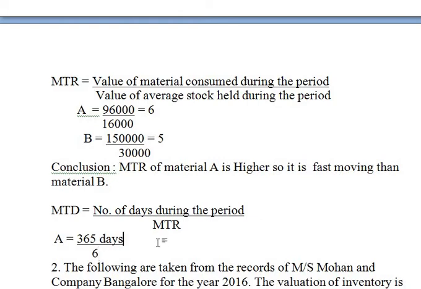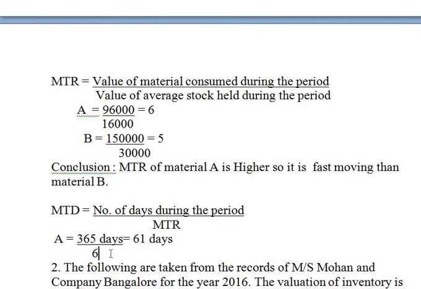Okay, so 365 divided by 6. That will be equal to 60.83 days. It means we will round it up and take 61 days.